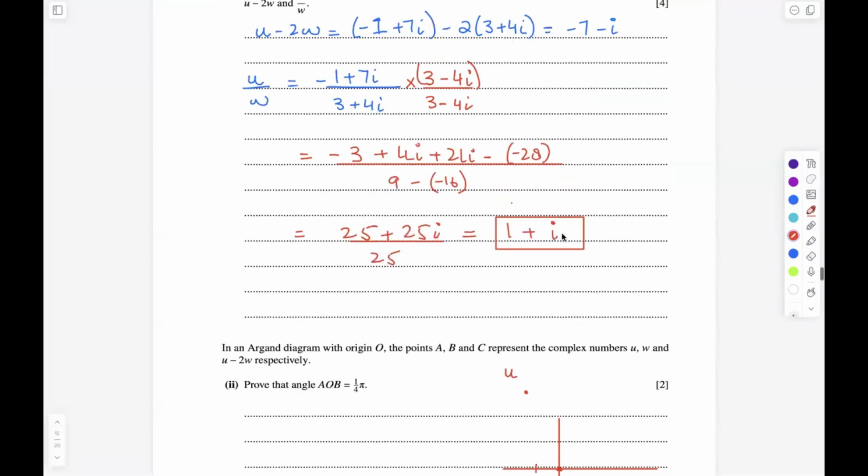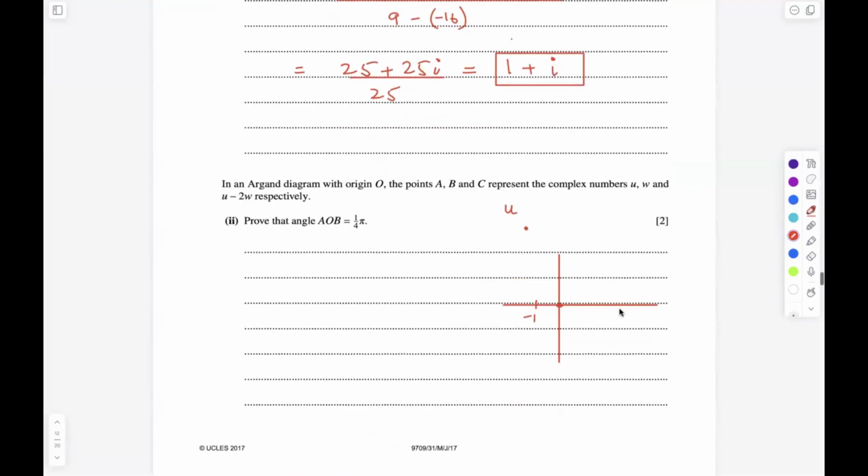And w has the coordinates 3 + 4i, so this will be somewhere over here. As it is talking about the angle AOB, we know that u is A, w is B. So let's say this is point A, this is point B. We have to show that this angle is 1/4 pi.